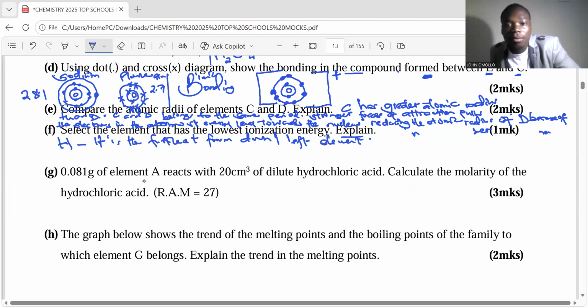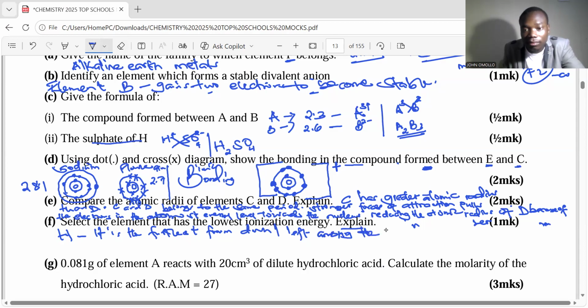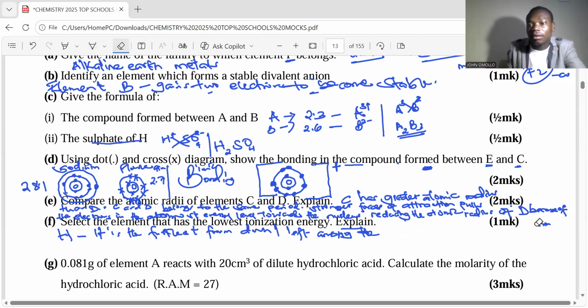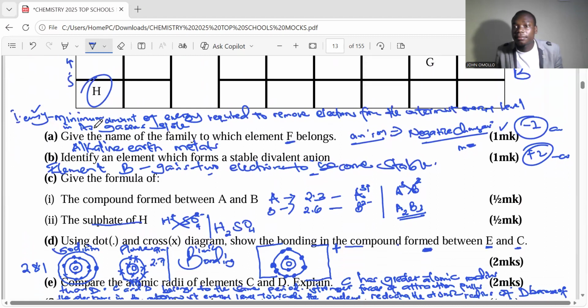It is the farthest from down left among the elements. Let me just clear this area so that it looks neat. So it is the farthest from down left among the elements. You can see H, it is the farthest.